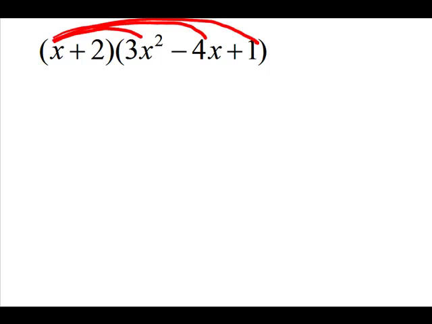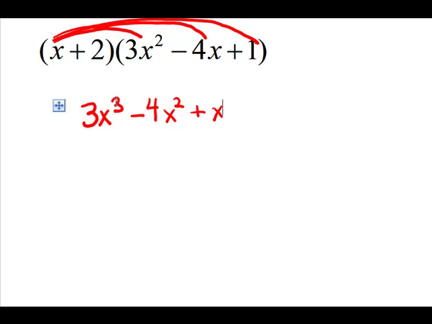And then we'll switch and take the 2 times everything in the second parentheses. So first let's distribute the x. We have x times 3x squared will give us 3x cubed. X times negative 4x will give us negative 4x squared. X times 1 will give us plus 1x.